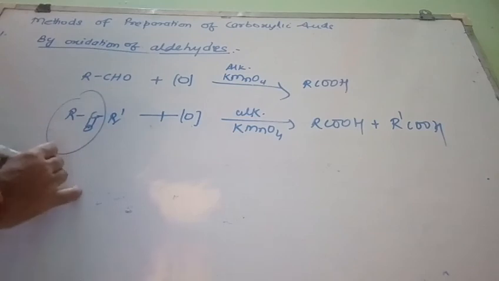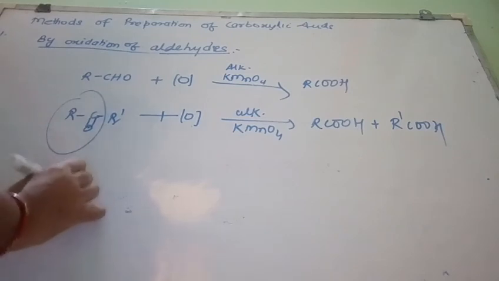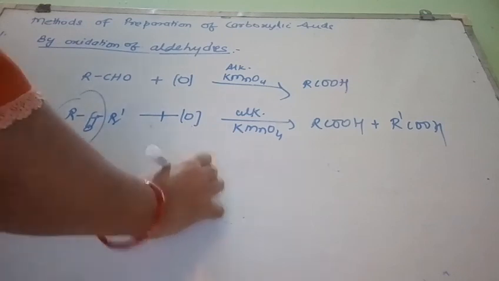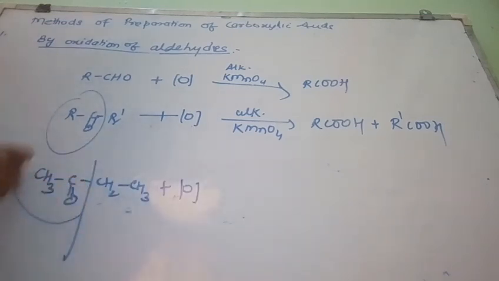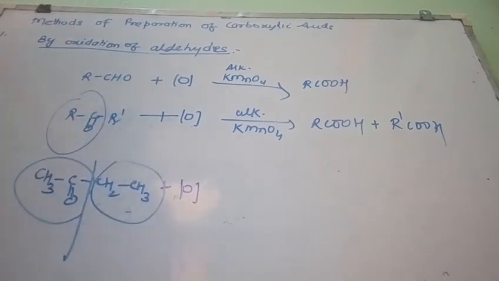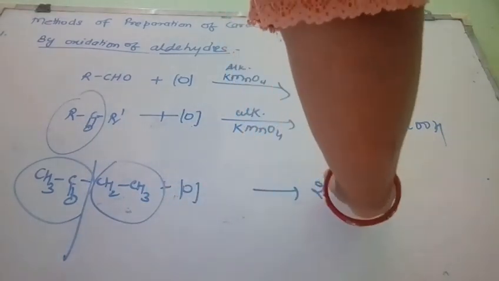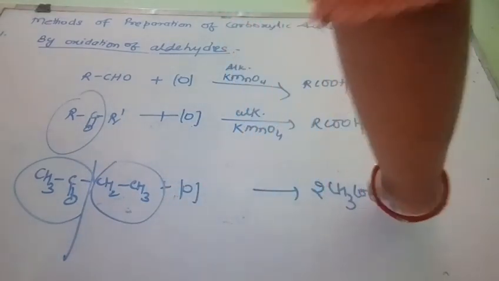Let us have an example of this, such as butanone. So one acid we will get out of it, a 2 carbon containing acid, that is ethanoic acid, and from here also we will get a 2 carbon containing acid, that is ethanoic acid. So we will get 2 moles of ethanoic acid.